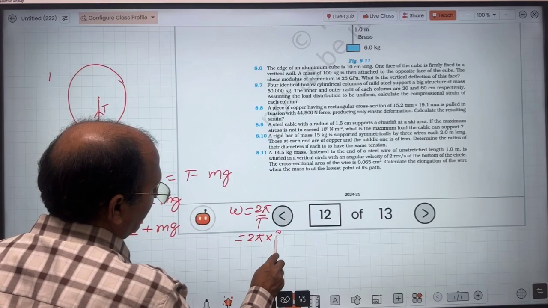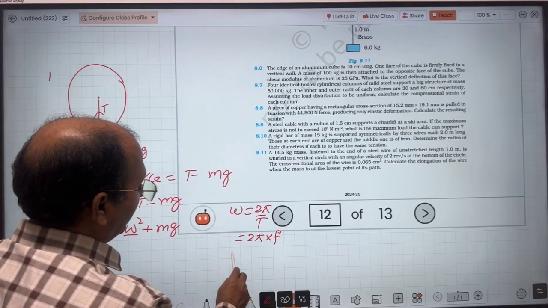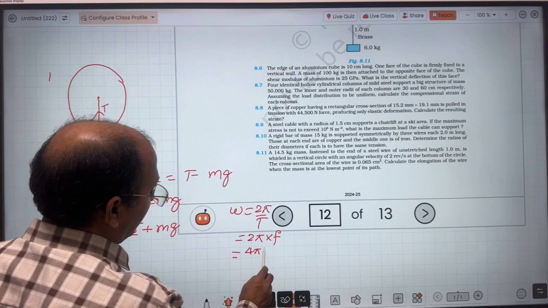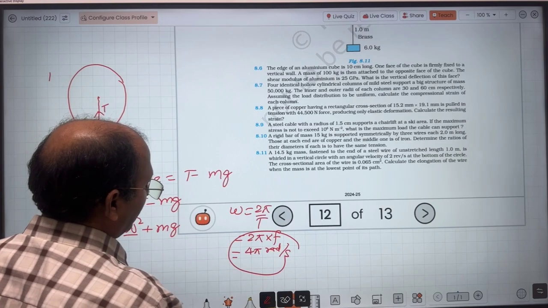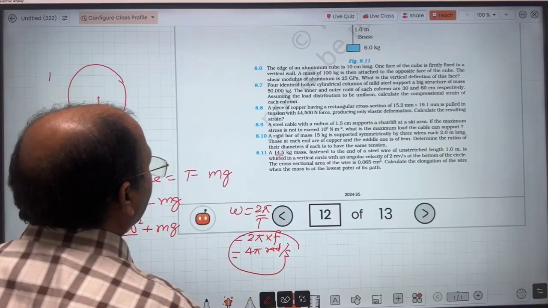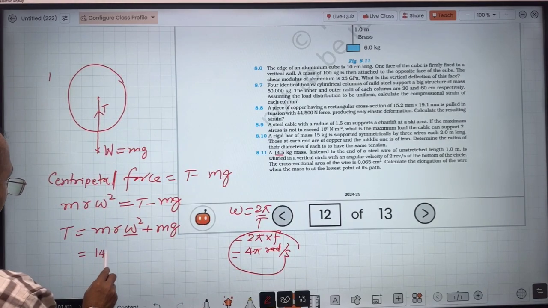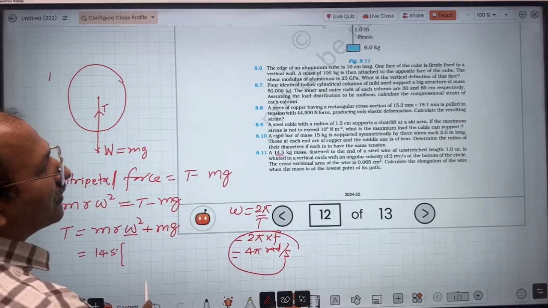or 2 pi into frequency. Here frequency is given as 2 revolutions per second, so just write it as 4 pi radian per second. So we have got the value of omega also, and m is also given, 14.5, so write here 14.5 and keep it common.